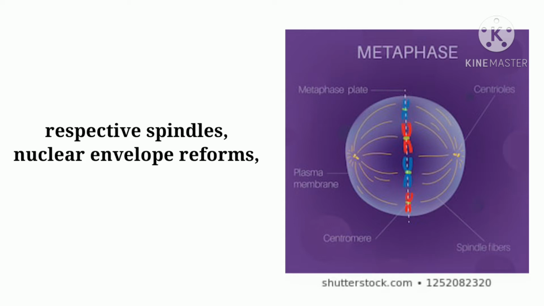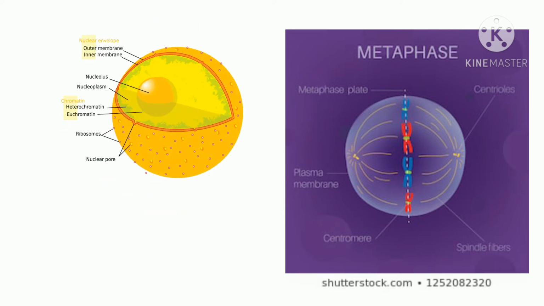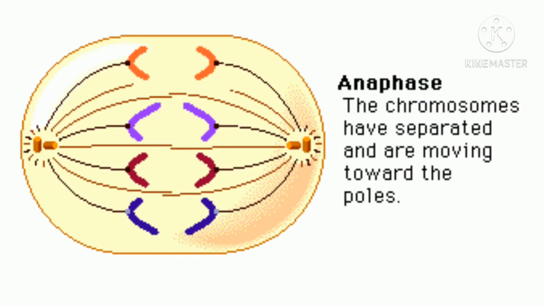Anaphase begins with the separation of centromeres and the pulling of chromosomes. We call them chromosomes after the centromeres are separated to opposite poles of the spindle.